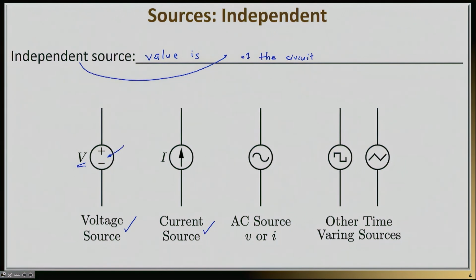This voltage source will have a plus and minus, meaning that one side, one node, is sitting at a higher voltage than the other, and the potential difference between those two points is V. On the other hand, a current source is indicated by I. This is the value of the current, and is also indicated by the arrow here. This arrow signifies the direction of the current that this source will impose on the circuit.